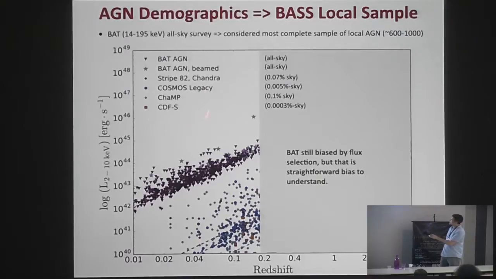If the red sources here are only a sky fraction of 0.07%, you would divide by 0.0007 to get the right number. So there are lots of them, even though there are a few on this plot. And they fill out this region. So BAS is still flux biased, but that's the only bias it has. And that's a pretty easy bias to unravel, to correct for.